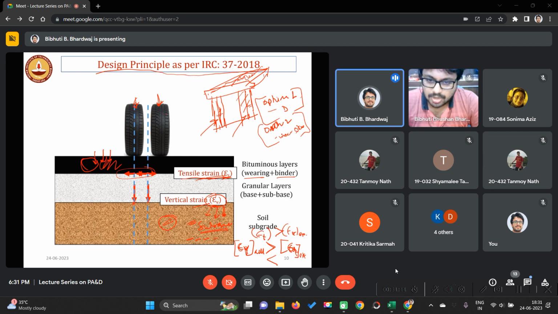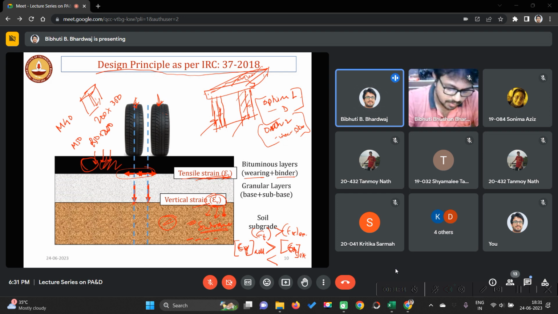You have to do cost analysis. Suppose you are using M40 grade concrete and the dimension of the column was, say, 200 by 300. And if you use M50 grade concrete, the dimension of the column is, say, 150 by 250. That means you have reduced the thickness. For M40 and M50, what is the main difference?